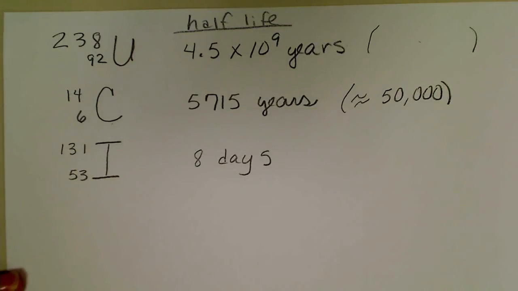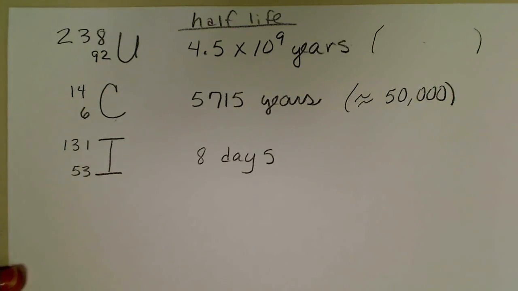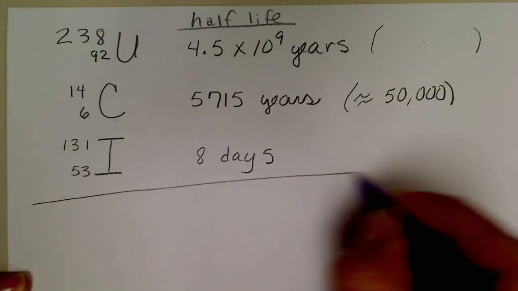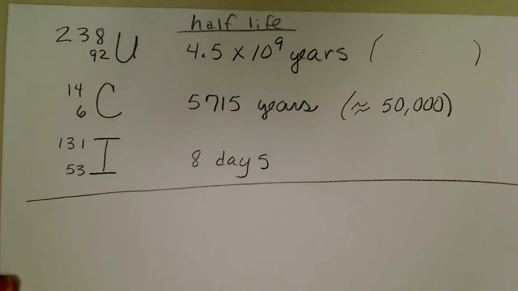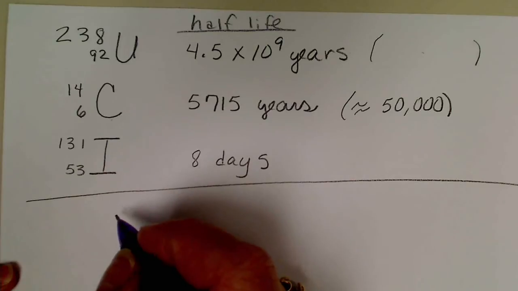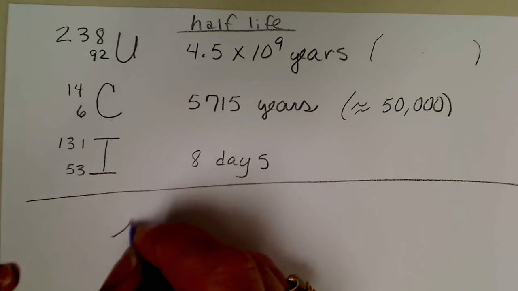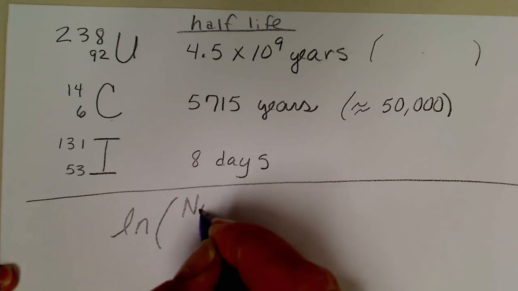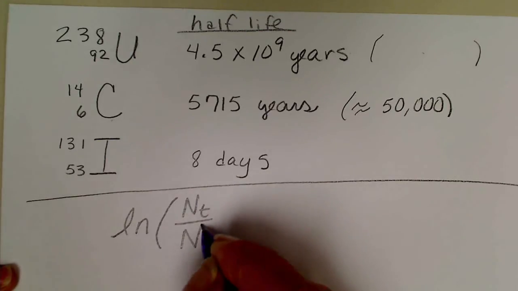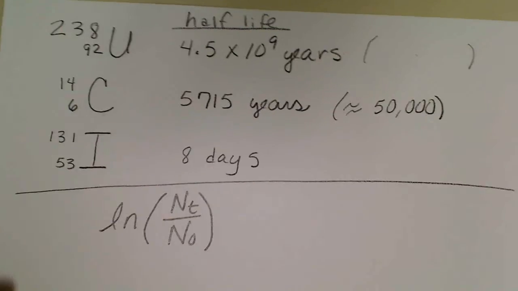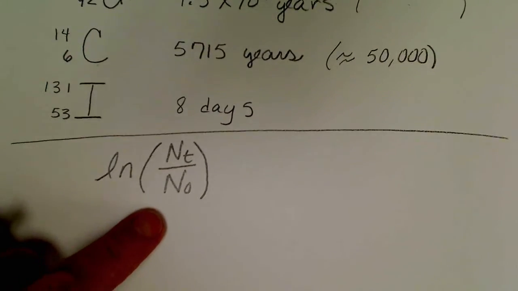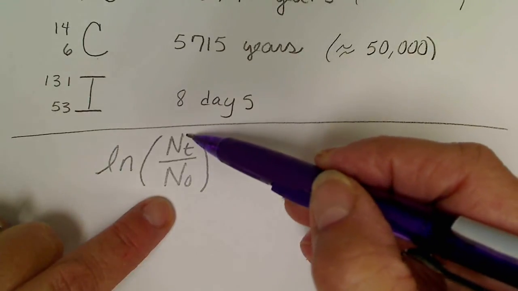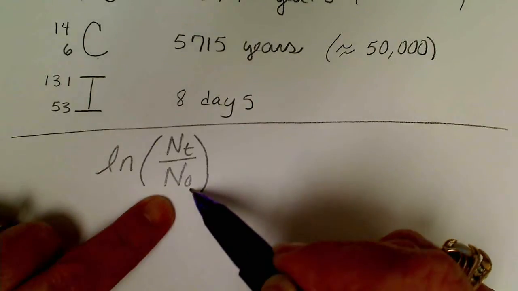So for example, we could see a question like, let me rewrite the first order rate equation. So if we have the natural log of the activity at any time t over the initial activity, and again this would be easy to remember because we're ratioing what we have divided by the amount that we started with.